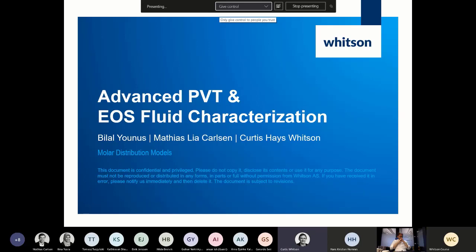Maybe it won't be predicting the critical points of swelling test data. Maybe if it's near critical samples, it'll predict a bubble point instead of a dew point on some of the samples. But the overall prediction should be pretty much reasonable, okay? And if they're not, that's a huge red flag.